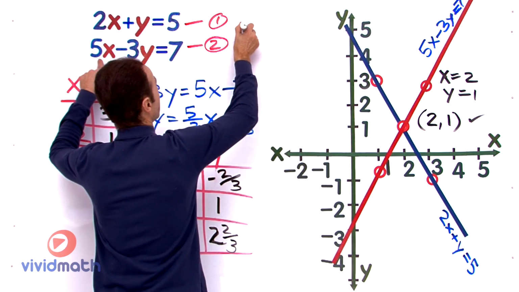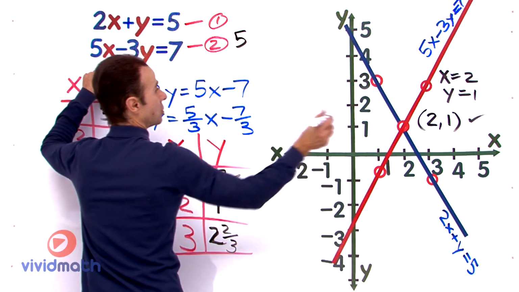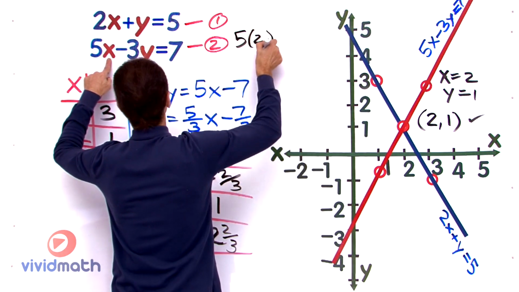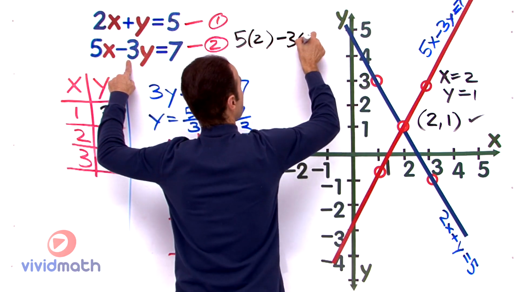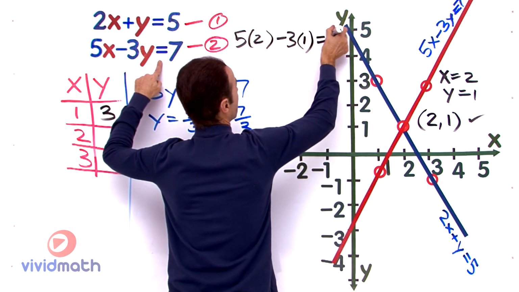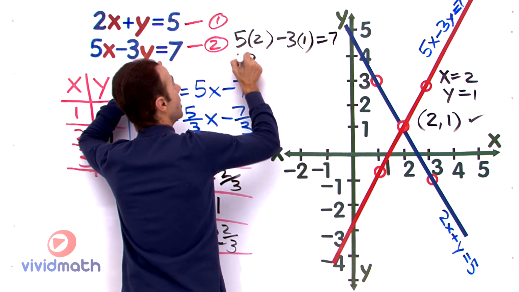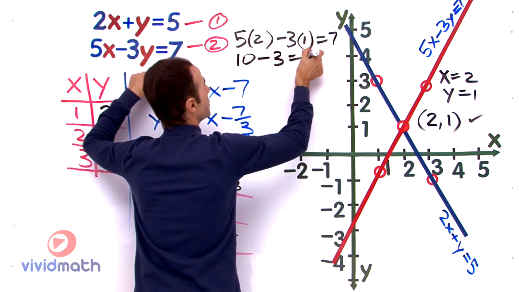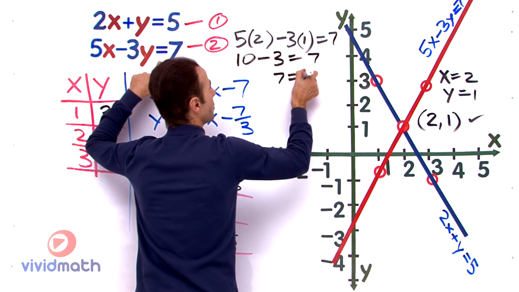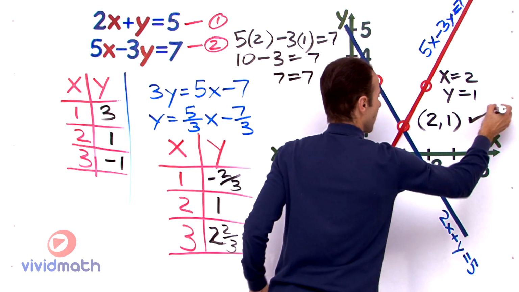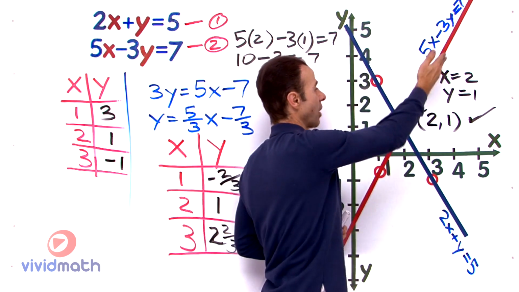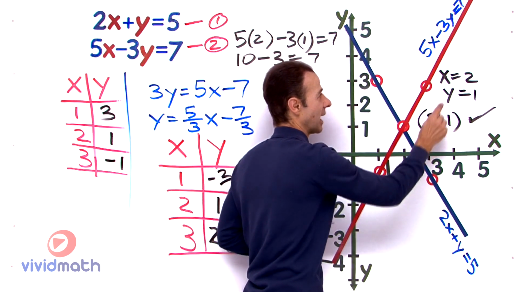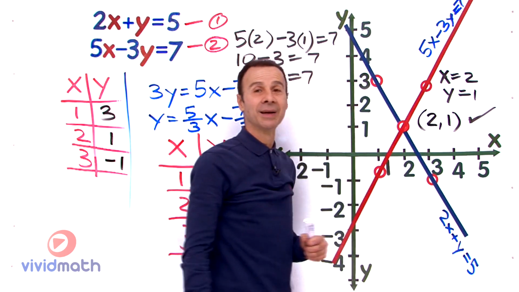So it's 5 times 2, x equals 2, minus 3 times y equals 1, and that should equal 7. 2 5s are 10, minus 3 should equal 7. 10 minus 3 is 7, equals 7. So yes, that is correct. So our ordered pair, the coordinates for solving this graphically, as we read it off here, is x equals 2 and y equals 1.